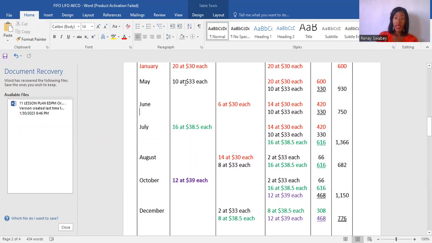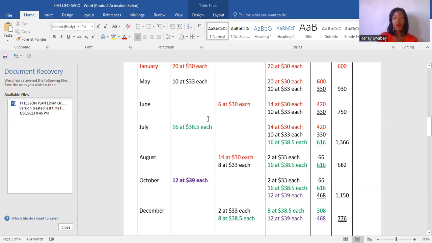So in May, we would have sold no item. None was sold in May. But the items that we purchased, we sold from them in August. We sold 8 and 2 was left. It is this 2 item that was left that carried over to December and we sold them in December. See, this is the issued column or the sold column, sales column. So we sold these 2 items that we purchased in May in December.